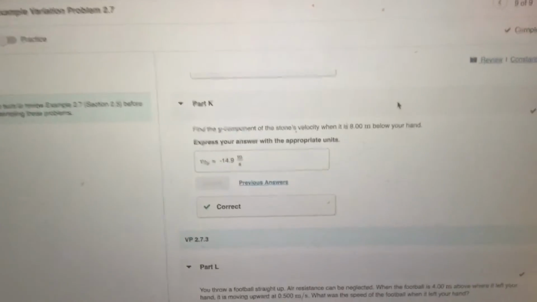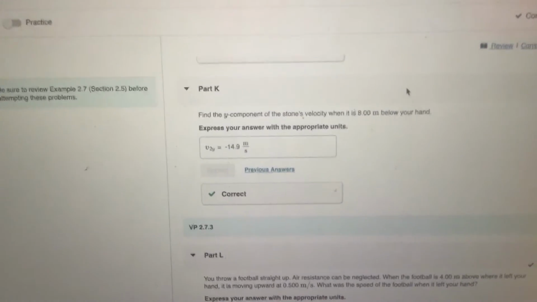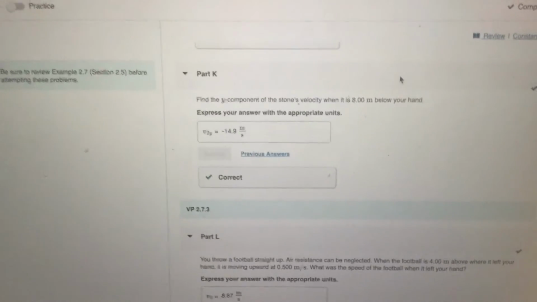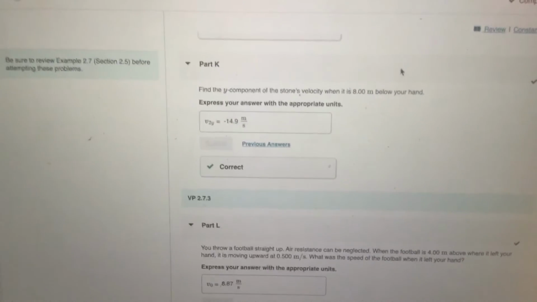Meters per second. So now we go to part K. It says find the y component of the stone's velocity when it is 8 meters below your hand. In order to find the y component, we're going to first find the time when y equals -8.